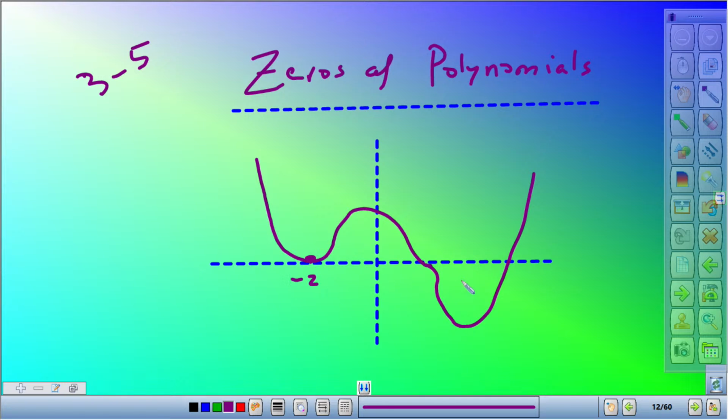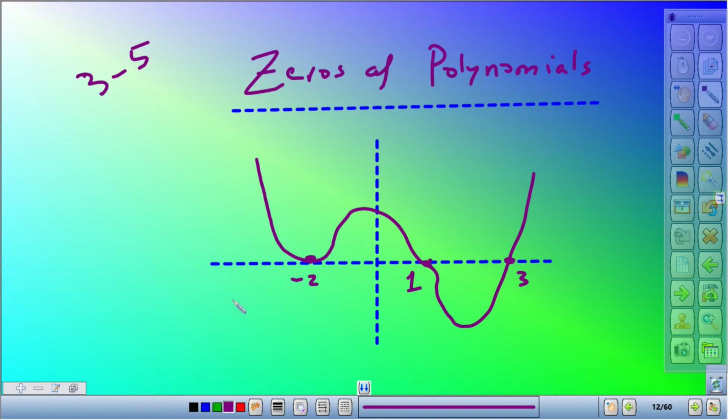Please write this down, or wait until the video. Let's say this is 1, and the others are 2 and 3. These three different spots are where my function crosses.